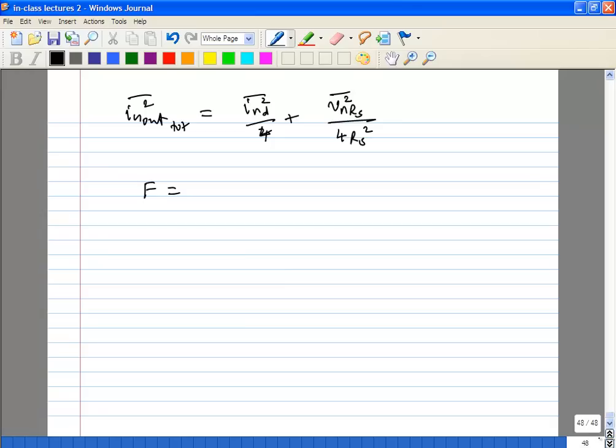So what is your total overall noise figure? It's In,out total squared. This is nothing but 1 plus, is that clear?